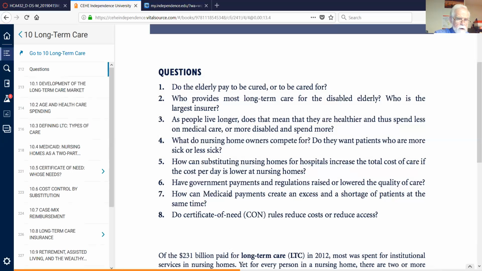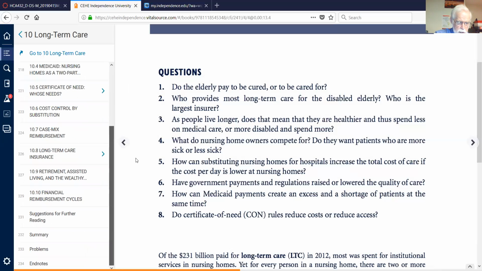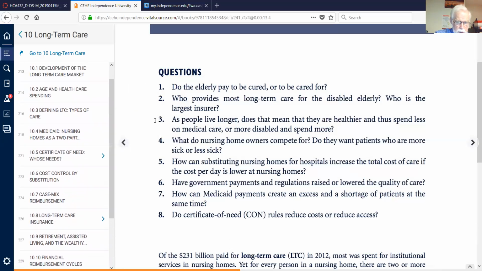The history of the nursing home structure is really a mixed bag, and it is difficult to say exactly what the value of a nursing home is. And we all know that there's a lot of trouble with those.